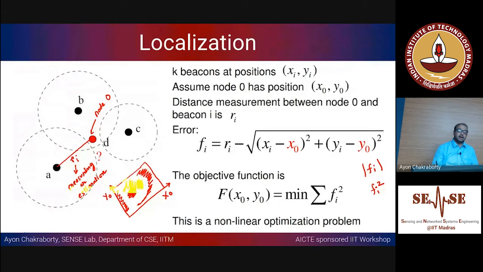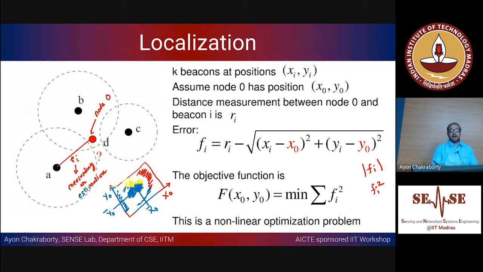So what we are trying to do here is find for what value of x naught and y naught I can minimize this sigma fi square. So maybe this is the value of x naught and this is the value of y naught that actually minimizes this particular sum.